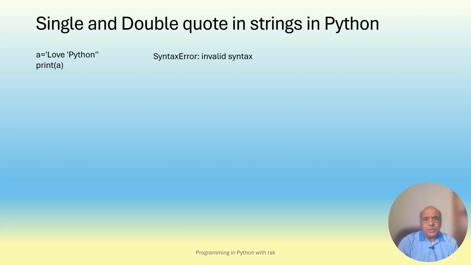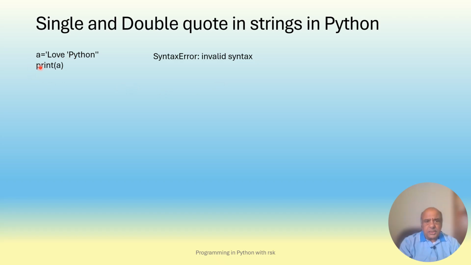What is the difference between single quotes and double quotes in strings? There is not much of a difference. The only thing is how to use them. The way we should use them is explained in this slide.